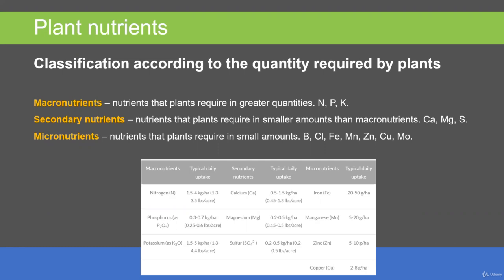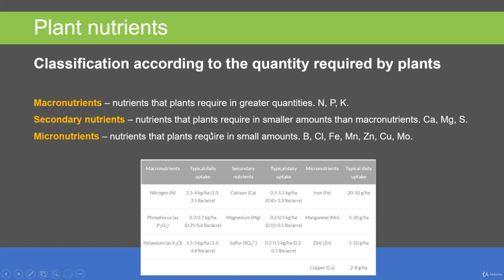Macronutrients are nutrients that plants require in greater quantities, and these are nitrogen, phosphorus, and potassium, N, P, and K. Secondary nutrients are nutrients that plants require in smaller amounts than macronutrients, but still in relatively high amounts, and these are calcium, magnesium, and sulfur. And micronutrients are nutrients that plants require in small amounts. These are boron, chlorides, iron, manganese, zinc, copper, and molybdenum.